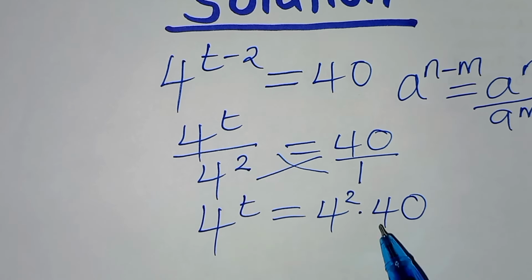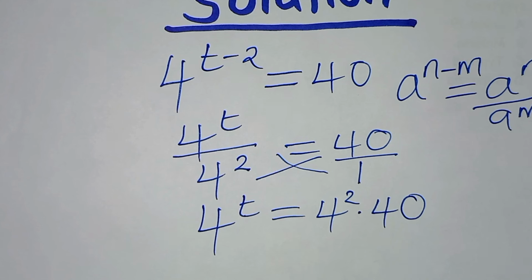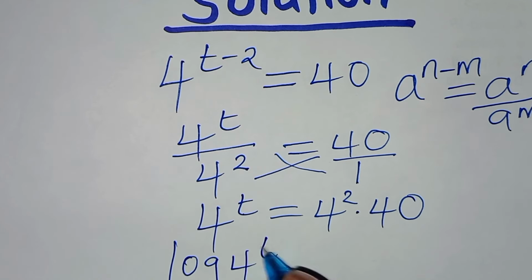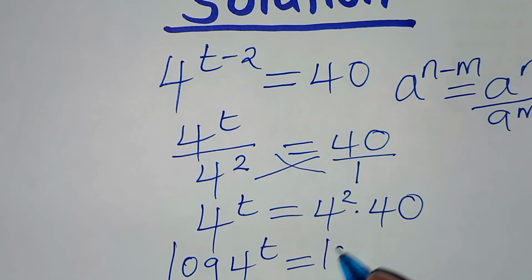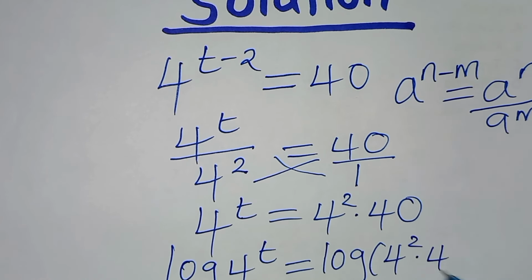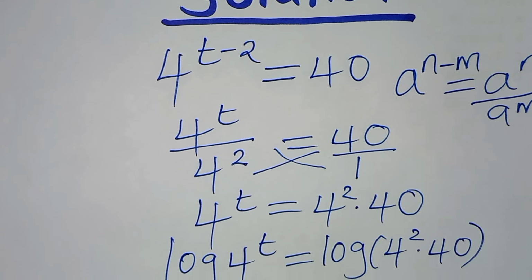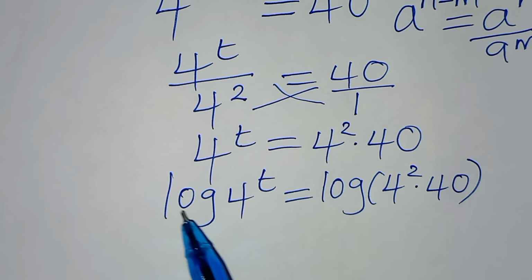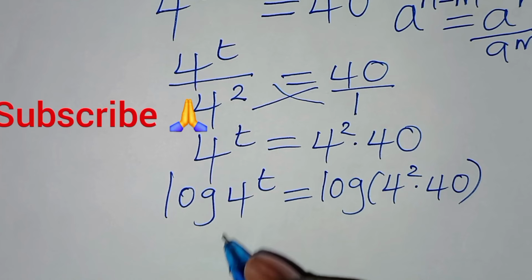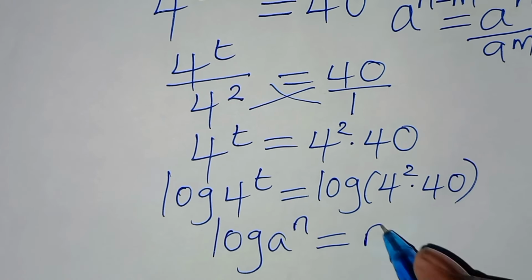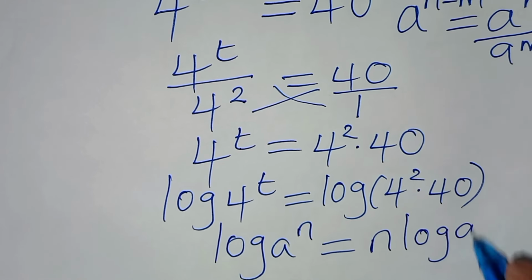So the next step here, to solve for the value of t, we introduce the natural logarithm on both sides. So you'll have log 4 to power t equal to log 4 to power 2 times 40. Now log 4 to power t is in the form of log a to power n, which you can express as n log a.